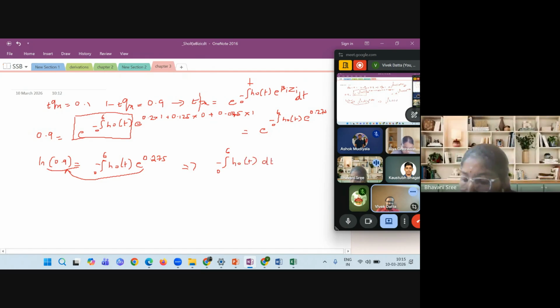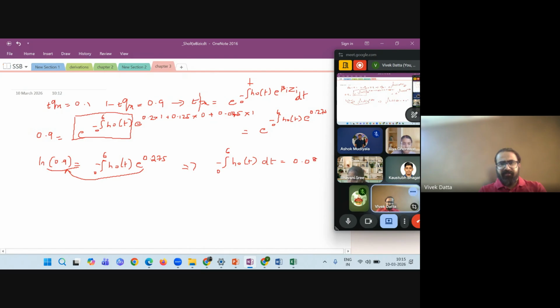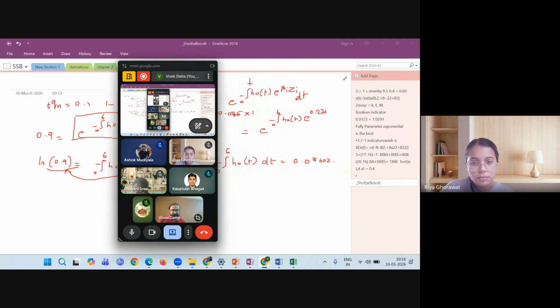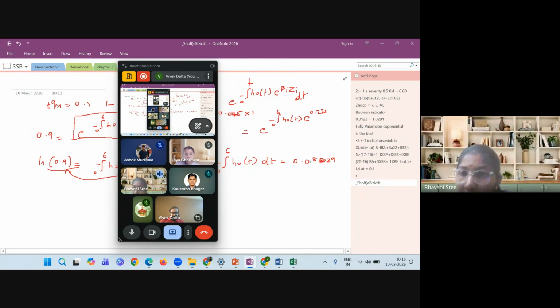0.0800289. That will be negative. Sir, I took the negative sign also, so only the integral part.